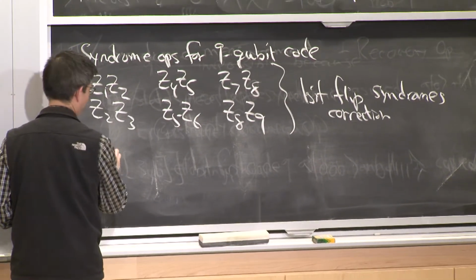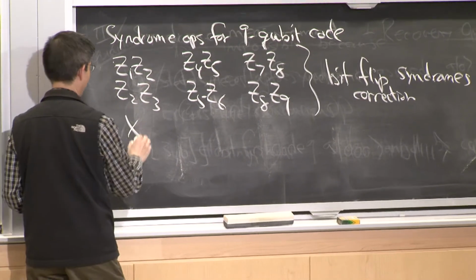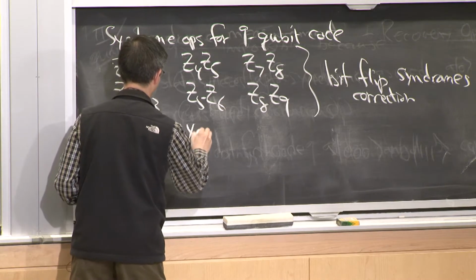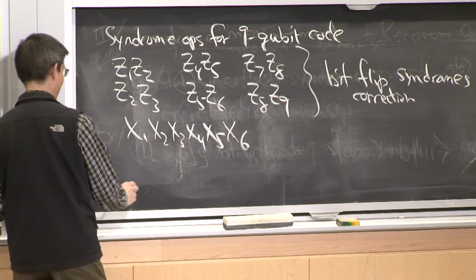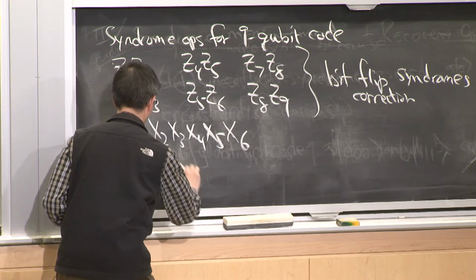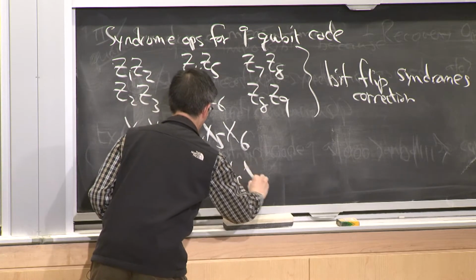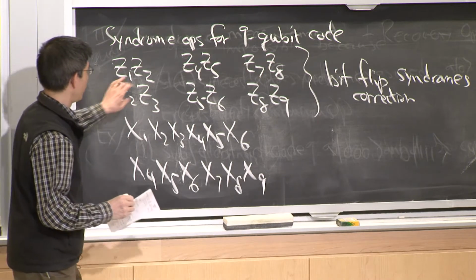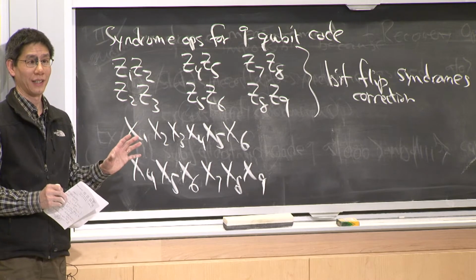And then perhaps the non-obvious ones are the phase flip syndrome operators. They are X1, X2, X3, X4, X5, X6. So that's one operator. And the other one is X4, X5, X6, X7, X8, X9. So altogether we have 8 operators.